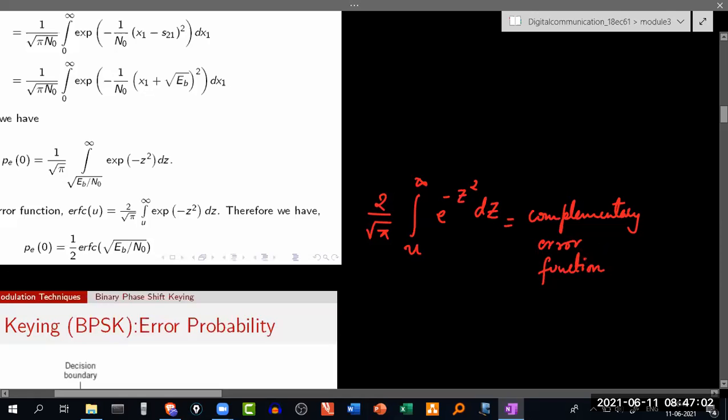And this complementary error function is given as, its short form is ERFC of u.